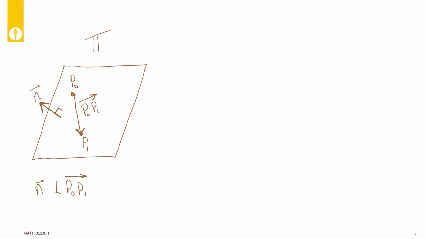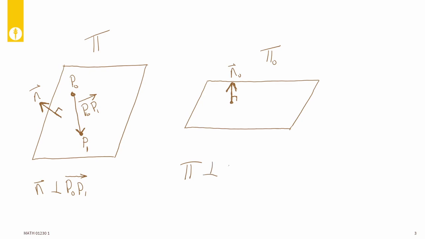We're also given another plane. Let's call it pi naught. Call that its normal vector n naught, and we're told that pi is perpendicular to pi naught.